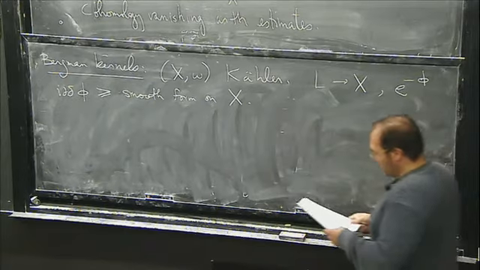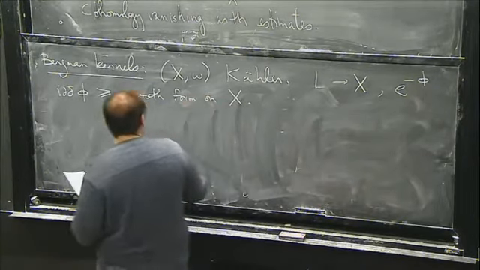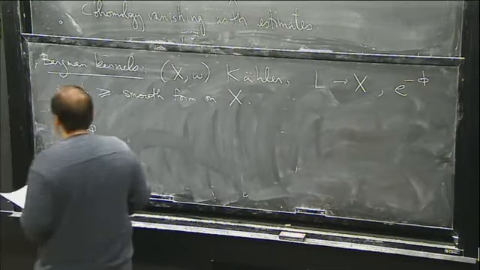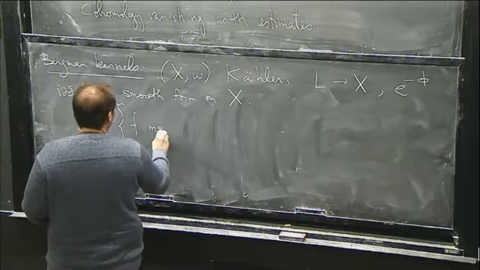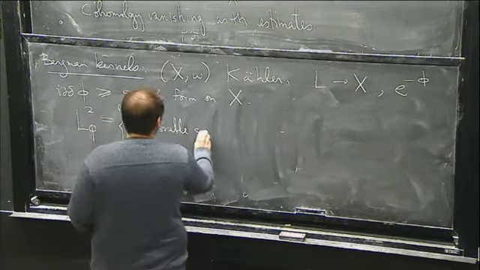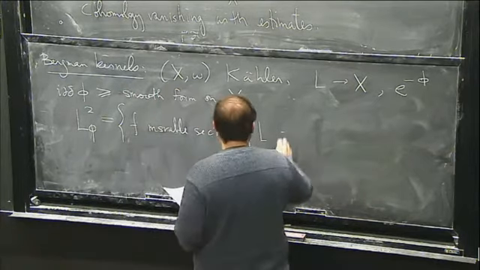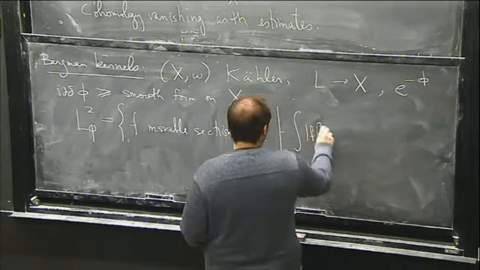So then with this data, you can actually make some L2 spaces. The first one I'm going to call L2 of phi. You just take all the measurable sections of L such that you integrate them and expect the integral to be finite.